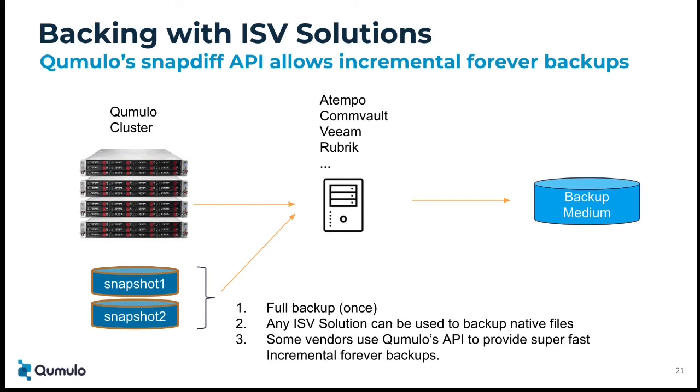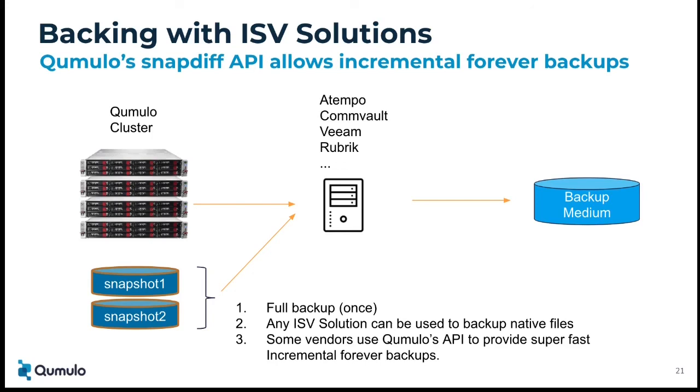And some solutions like Atempo and Commvault and others are on their way to using our API, which allows them to do an initial backup. And then going forward, for incremental backups, they use the API to identify changes between two snapshots. So you could say, hey, take the snapshot from yesterday and the other one, which I just took, and tell me just the difference.